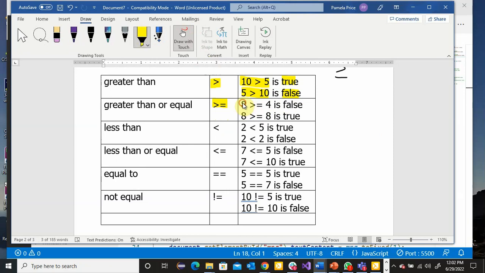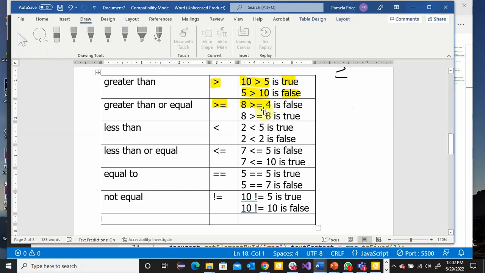So 8 greater than or equal to 4 is true. I think I actually meant to put this in the other direction. So let me actually adjust this, because I know that's quite confusing.